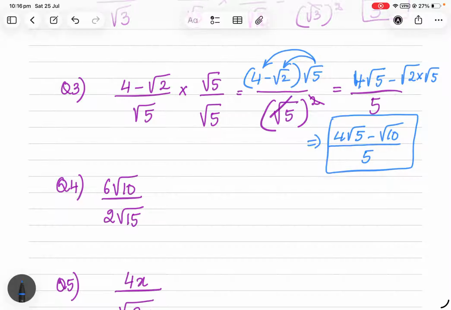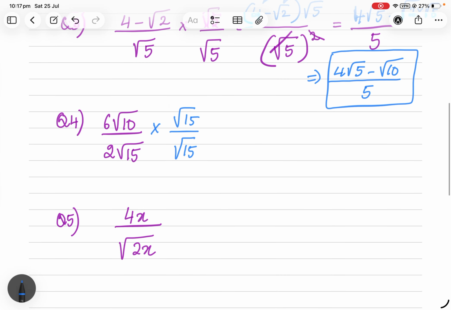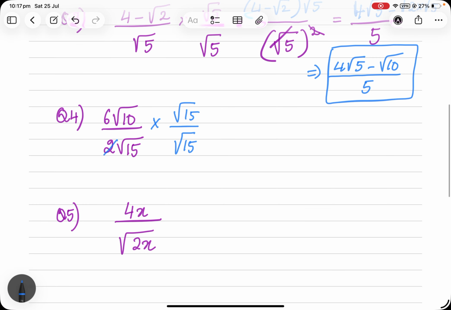But this is just another process where your goal is to make the denominator look like a normal number rather than having a square root. So in this case, I'm going to multiply with square root of 15 in the numerator and denominator because square root of 15 is my focus. I don't have to worry about the 2. So I can simplify this right here straight away.